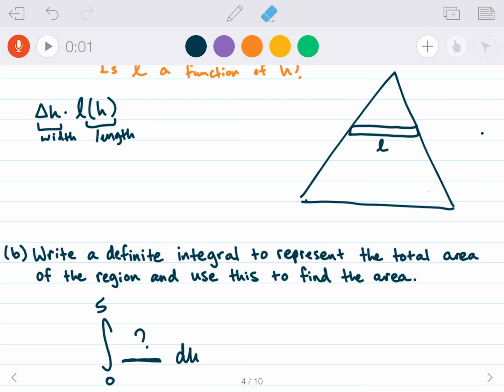And this thing, we said it's 3. We're not really given units here, but that's okay. This is 3. And this is 5. Here's our little strip.